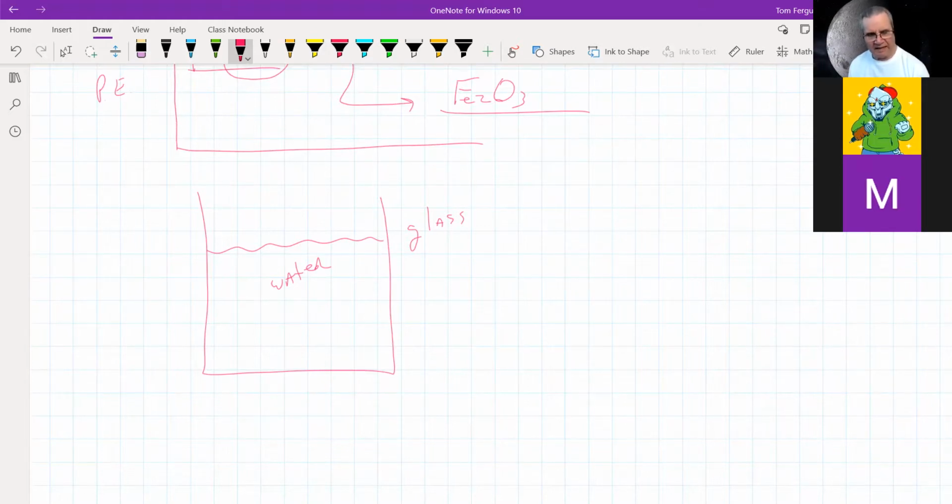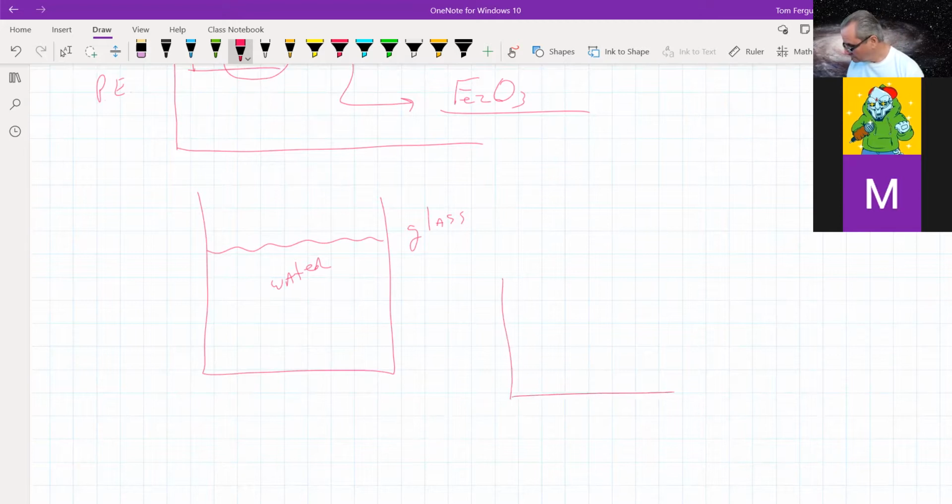Does anything happen to the glass? No. Why? Non-porous. Yeah. Glass doesn't create the same reaction as a metal does. Because why? Different chemical makeup. Right.